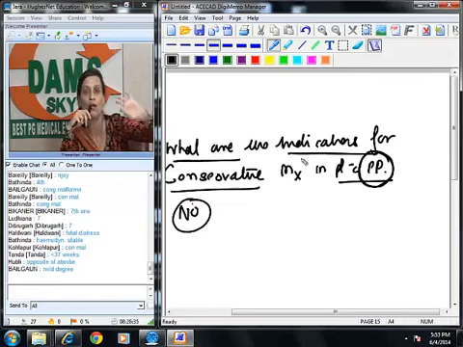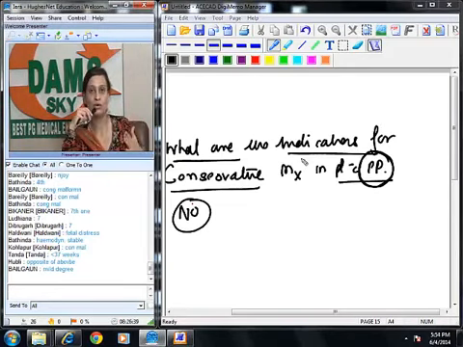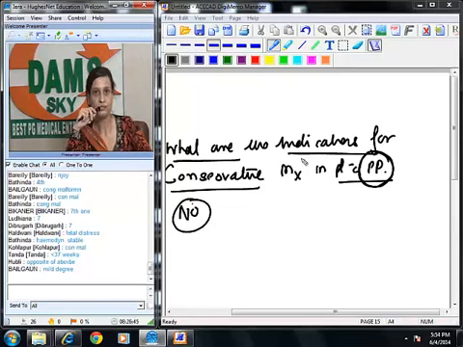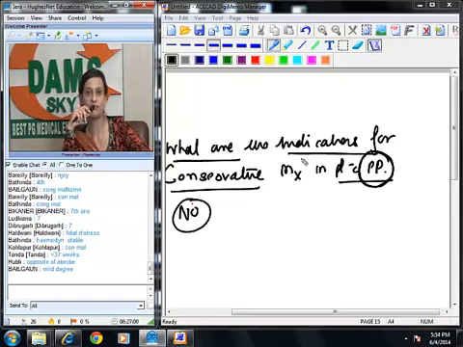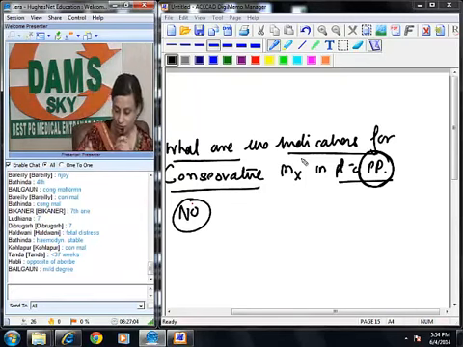Just keep putting no in front of it, and you will get the indications for conservative management. So mother should not be hemodynamically unstable. There should be no fetal distress. There should be no continuous bleeding PV. The patient should be less than 37 weeks. The baby should be alive. There should be no congenital malformation. Do you get it? So simply you just have to keep putting no in front of it and you will get the indications for conservative management, right?